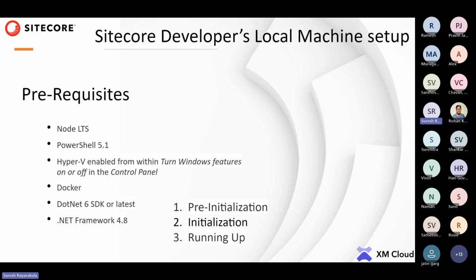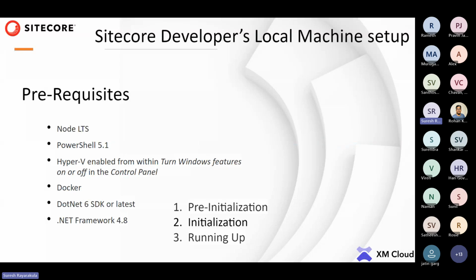You can do this through the Turn Windows features on or off option in the control panel. Hyper-V is necessary for running virtual environments like Docker. You should also install Docker Desktop, which is used to containerize the Sitecore environments, making them easier to manage and deploy.